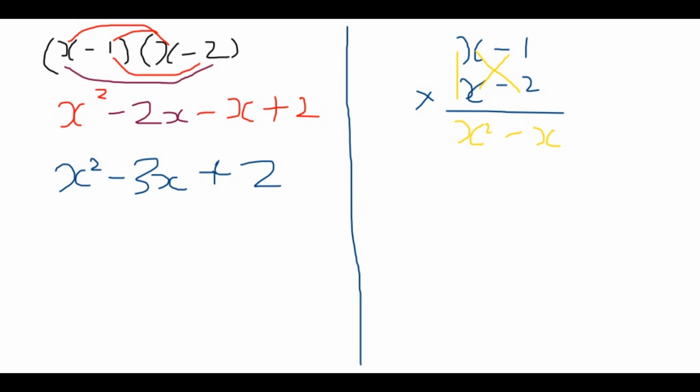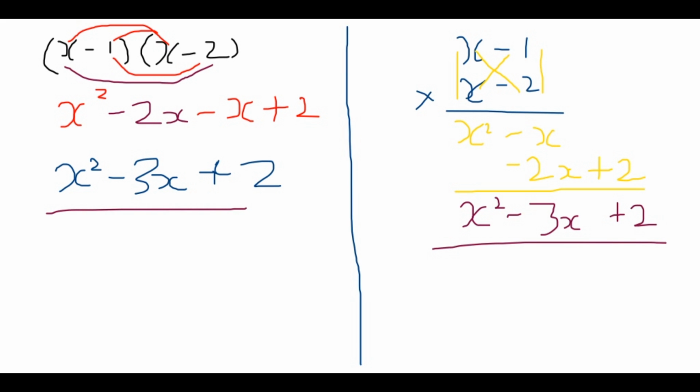Negative 2 times x is negative 2x, and negative 2 times negative 1 will be positive 2. So if we add, we'll have x squared minus 3x plus 2, and this is the expansion.